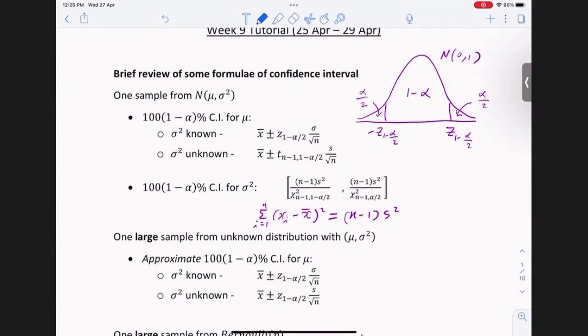According to these formulas, when we have a single sample from the normal distribution with the population variance not given, this will be the formula that we should use for calculating the confidence interval for the mean. And this will be the confidence interval for the population variance. So we'll need to use these two formulas for this question.